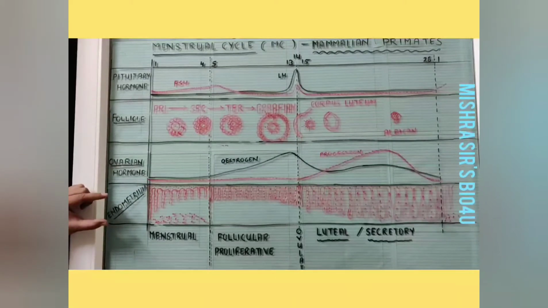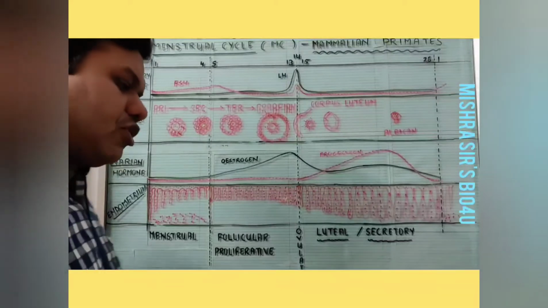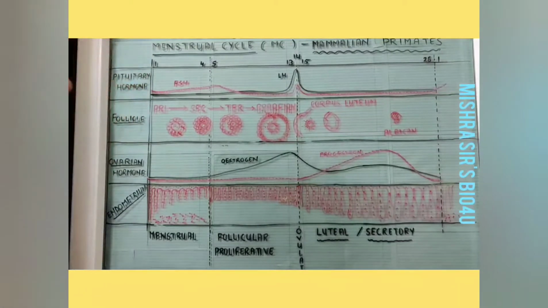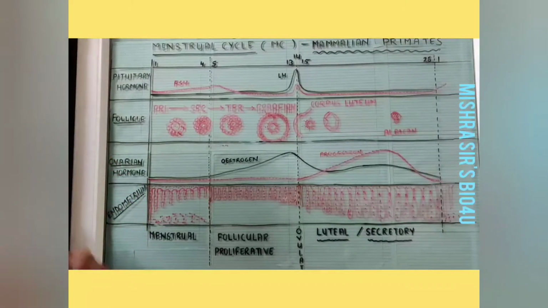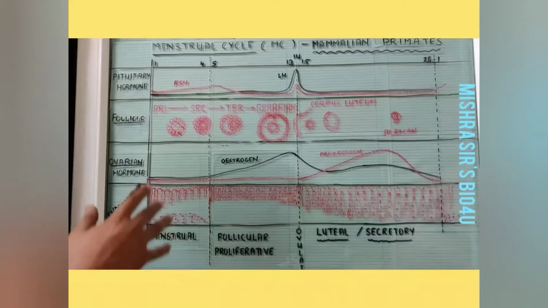Last but most important is the endometrium. If you recollect, the endometrium is the innermost lining of the uterus, which is a highly vascular and glandular layer when it is developed.